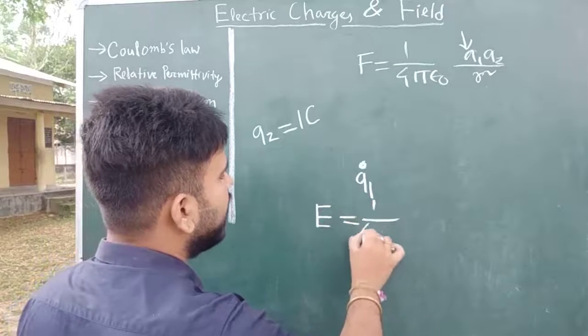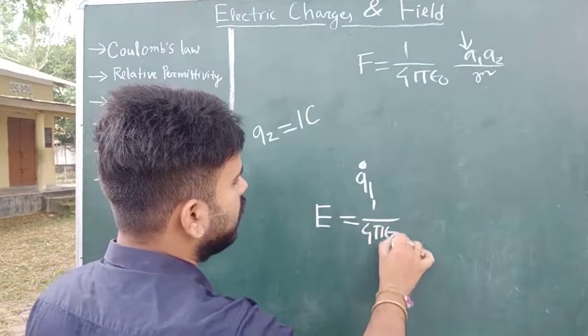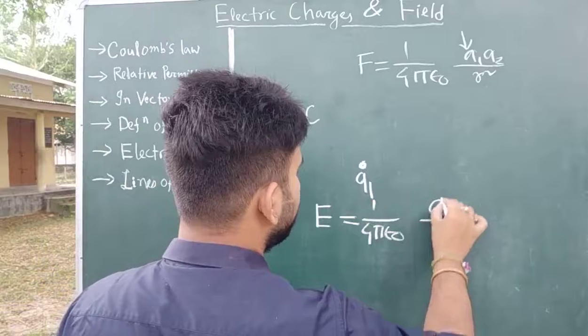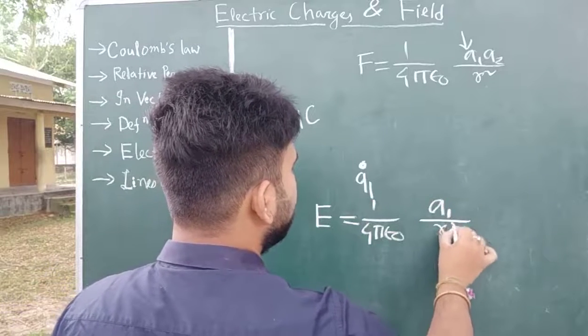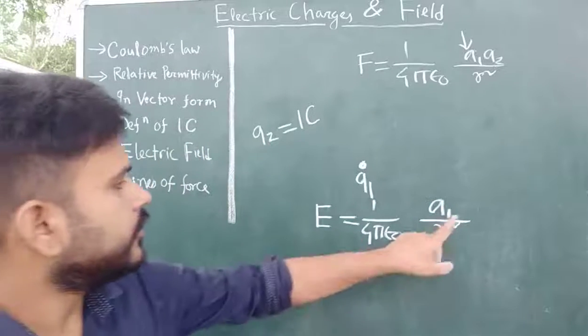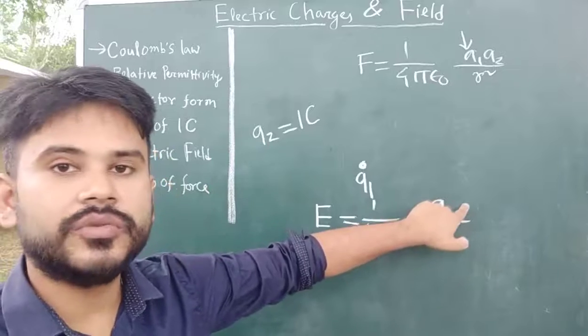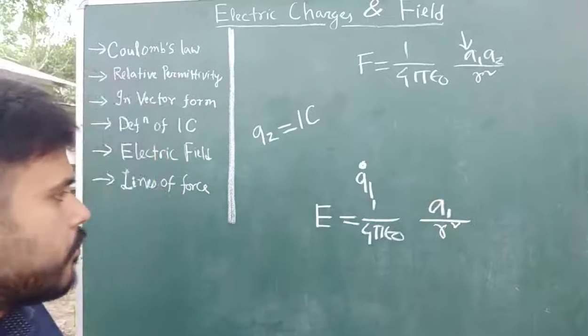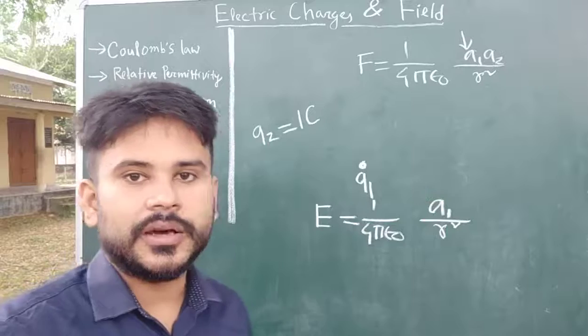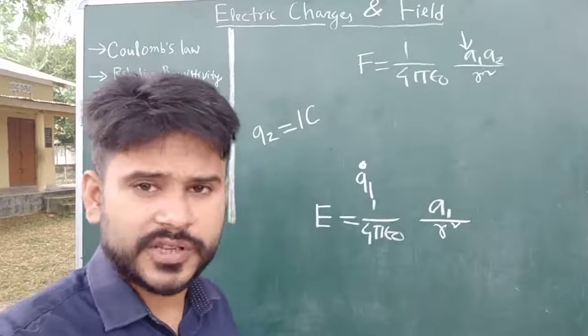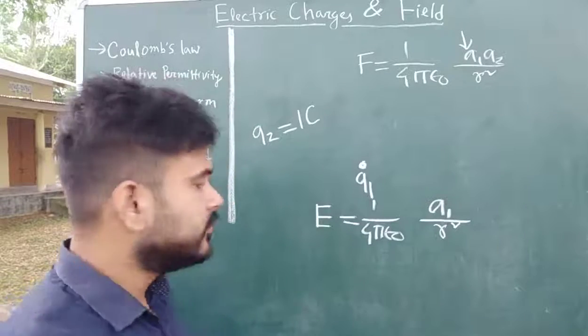So we get a mathematical formula for electric field. Here you can see the value of Q2 is 1. I will illustrate this concept in another manner.